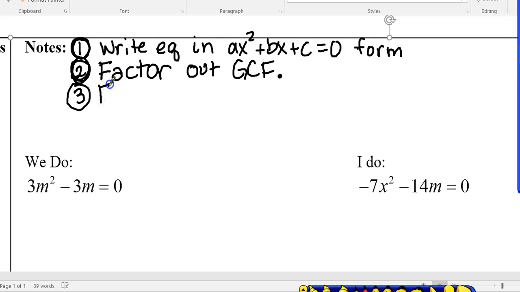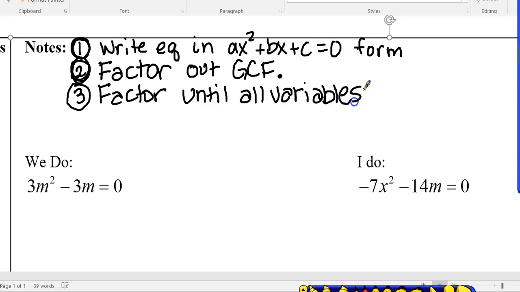And then step 3 is to factor until all variables are degree of 1. Get all those exponents down to 1.